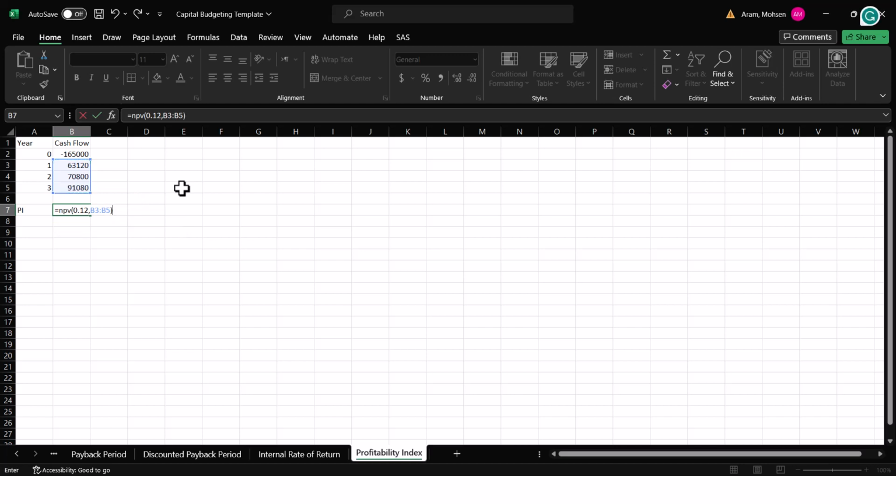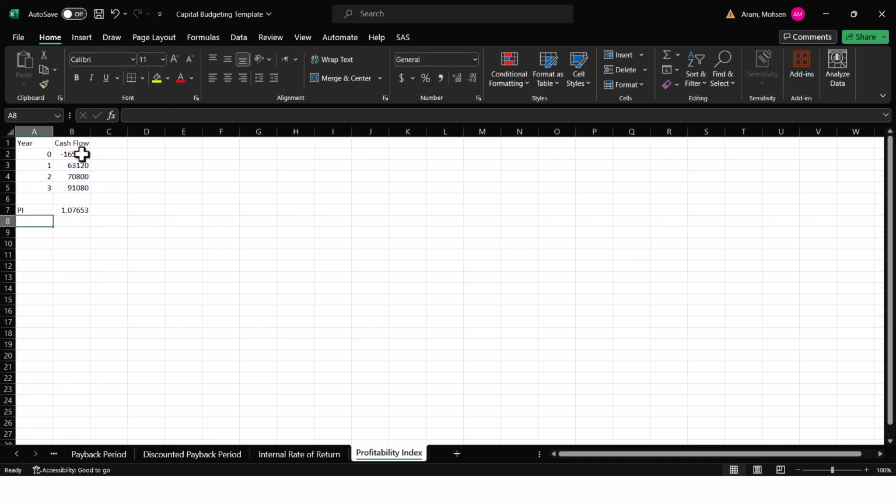And this gives us the present value of the future cash flows. And then we divide this by the absolute value of the cost. You can just put a negative there to get the same answer, 1.0765, or roughly 1.08 for the profitability index.